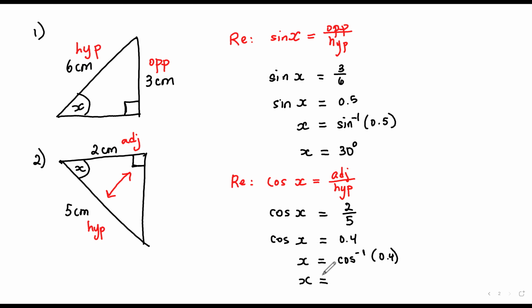Y'all work it out for me. That's 66.42. 66.42 degrees to 2 decimal places.